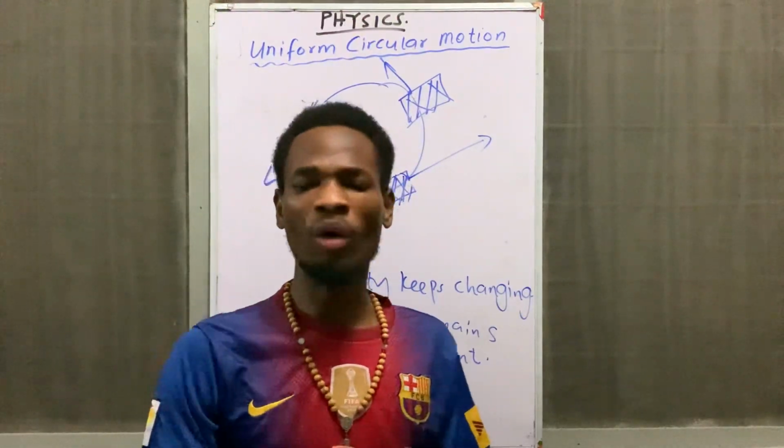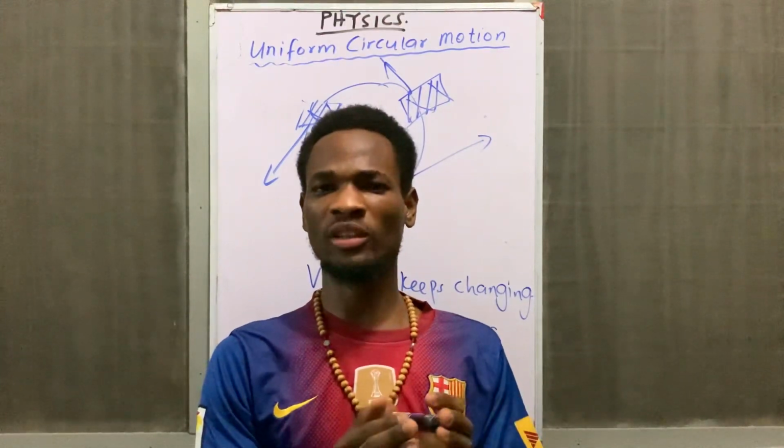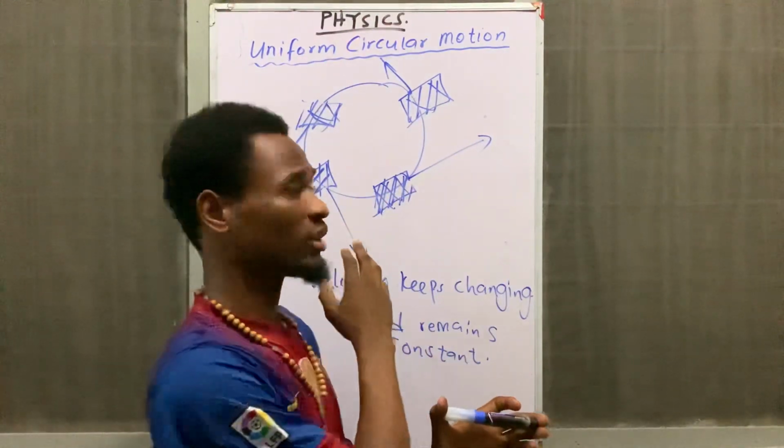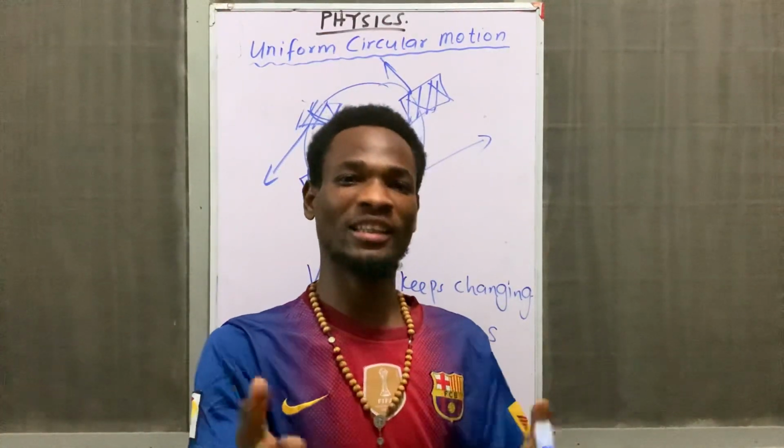So now, I hope you understand the difference between speed and velocity with respect to circular motion. Velocity is a vector quantity, whereas speed is a scalar quantity.